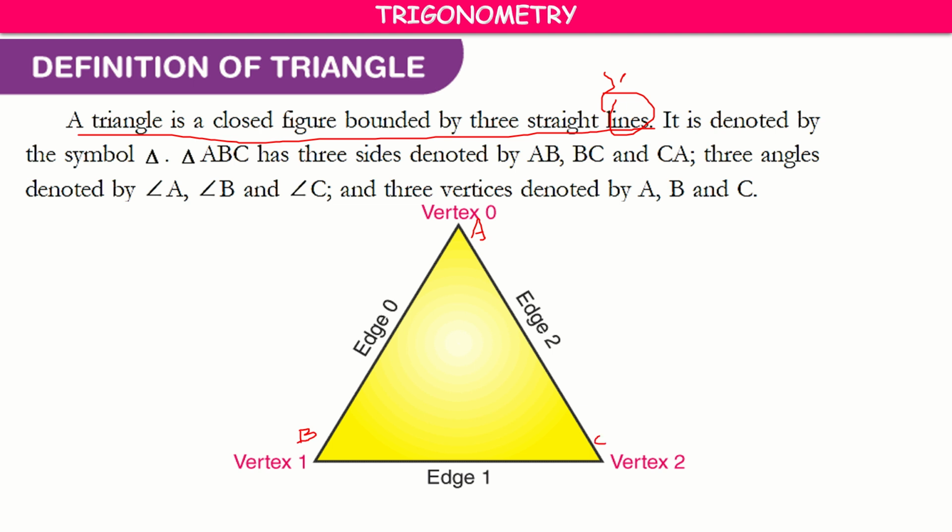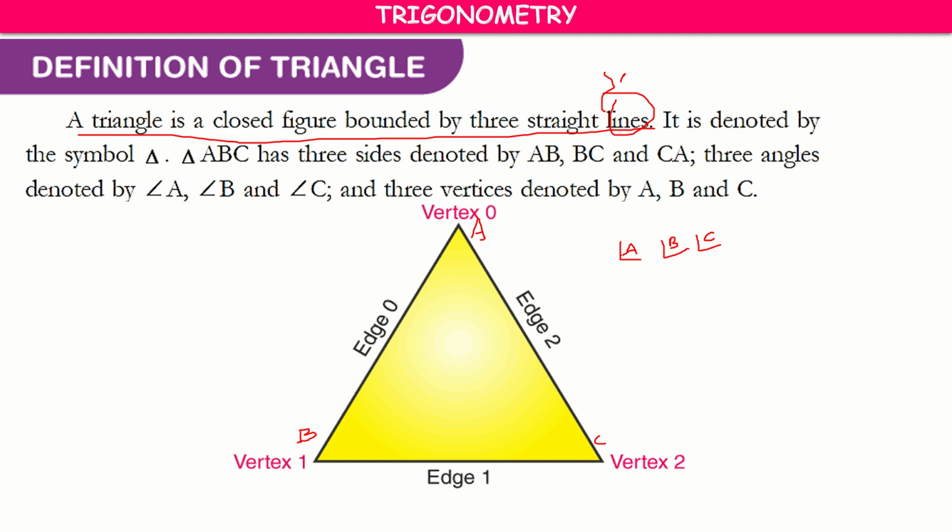So it has three angles. Here vertices are denoted by A, B, C, and simply we say vertex A, B, C, but coming to angles we say angle A, angle B and angle C, right? So this is nothing but a triangle.